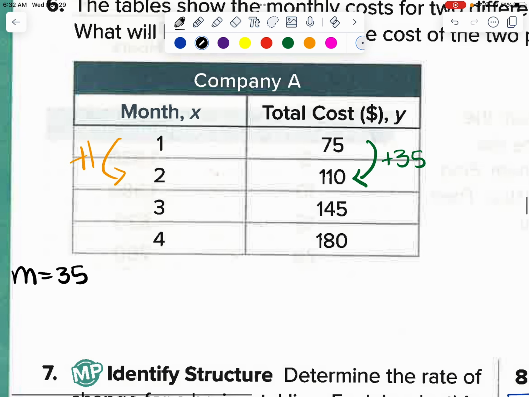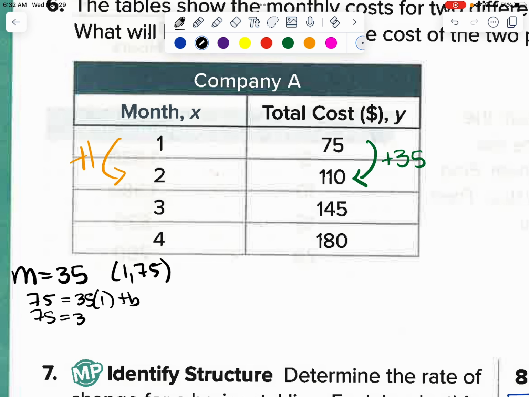I'm just going to use the point 1, 75 because it doesn't really matter which one I use. So 75 equals 35 times 1 plus b. So 75 equals 35 plus b. I subtract 35. I get 40 is equal to b. So the equation of the line for this one is going to be 35x plus 40.